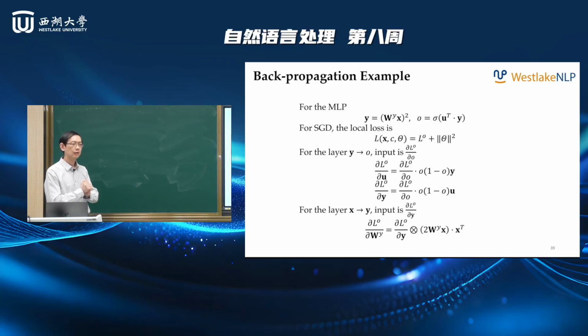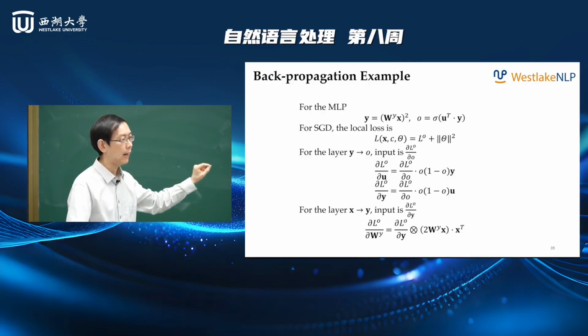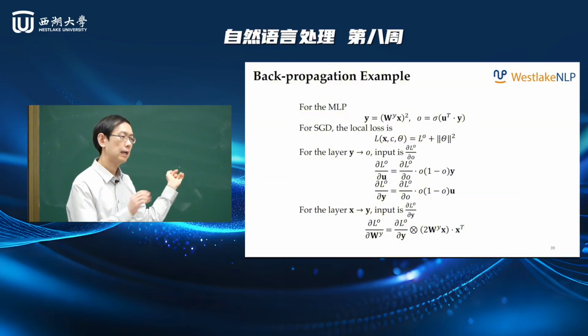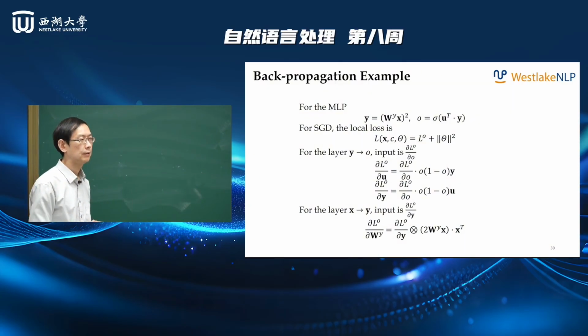After you calculate these gradient vectors, you think about the previous layer from X to Y. For this layer, the input is the gradient over Y, which you just computed. Given this gradient, you need the gradient over WY. Do you need the gradient over X? Not so far, because X is your document representation.